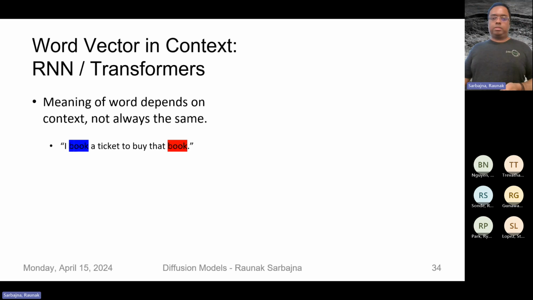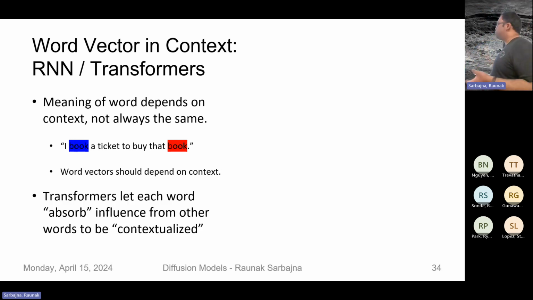A good example: "I book a ticket to buy that book." Both of those words are embedded equally if you directly embed them without thinking about anything else, but they have completely different meanings in context in sentences.